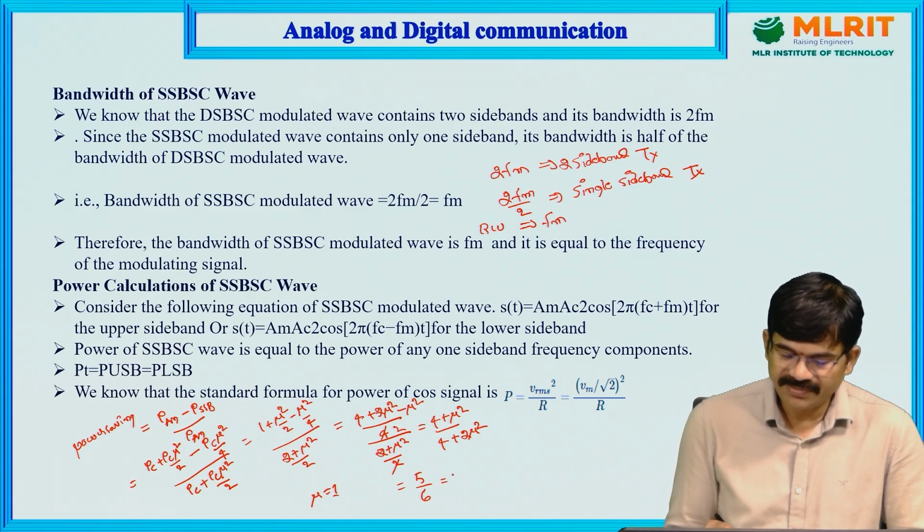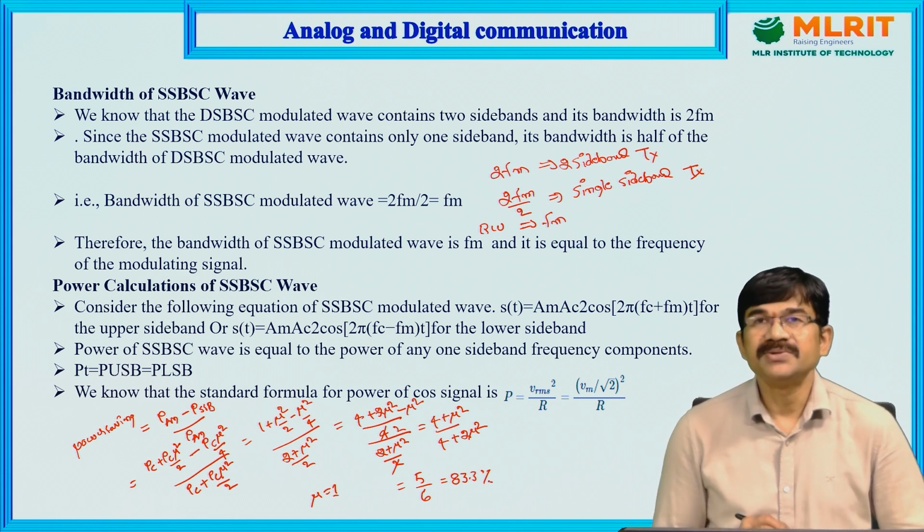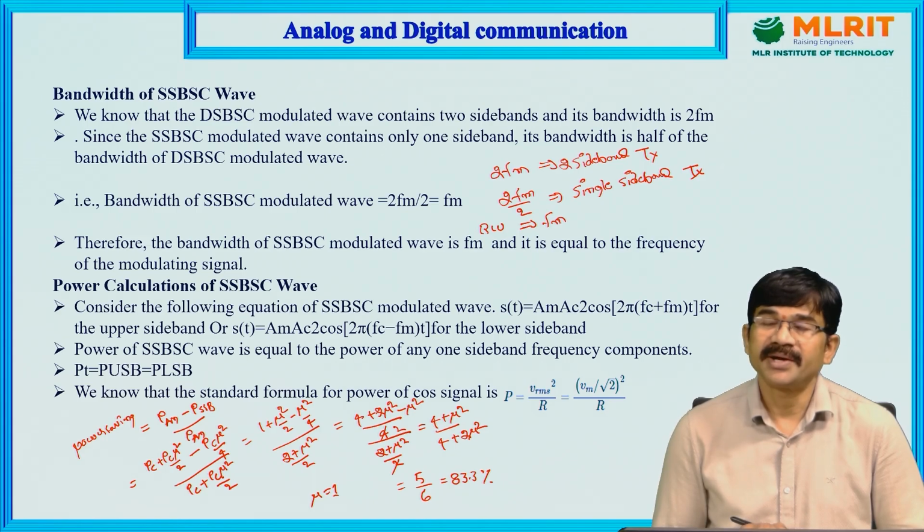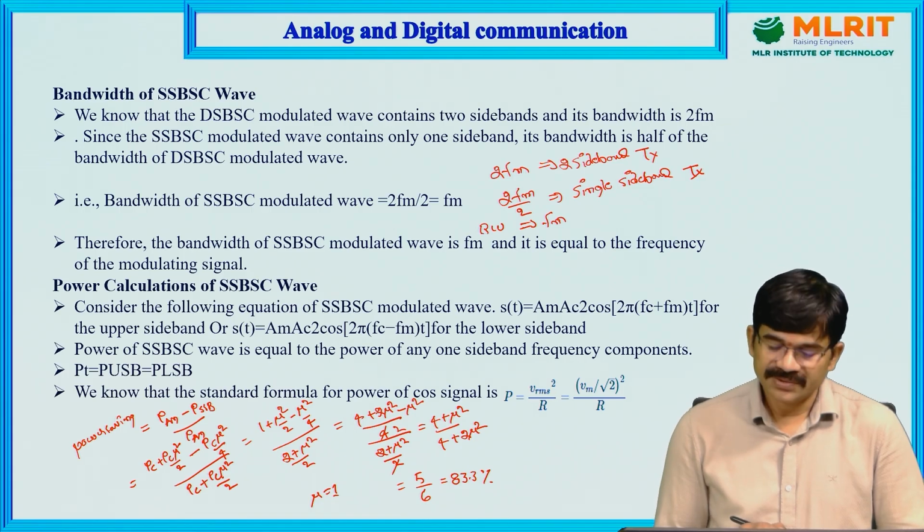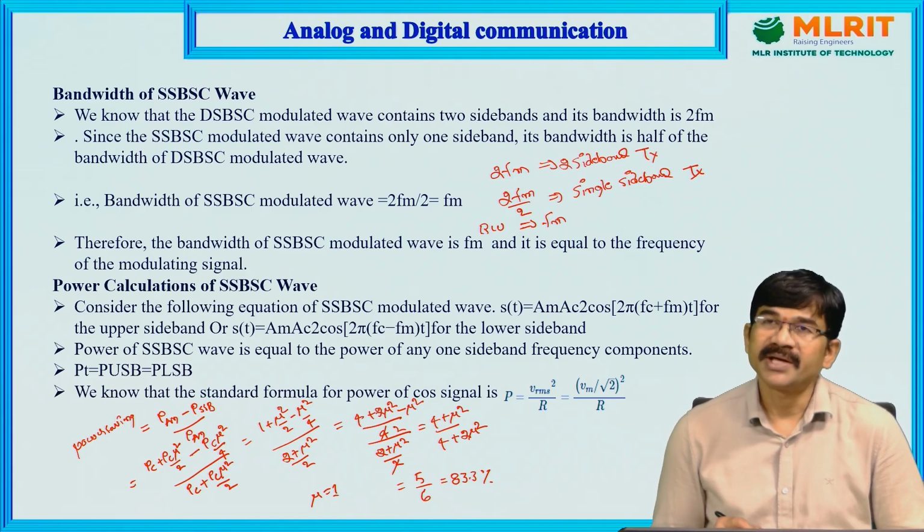What is the value of 5 by 6? 83.3. So by using the SSBSC, 83.3% of the power is saved. This saved power we effectively utilize for the transmission of the single sideband.